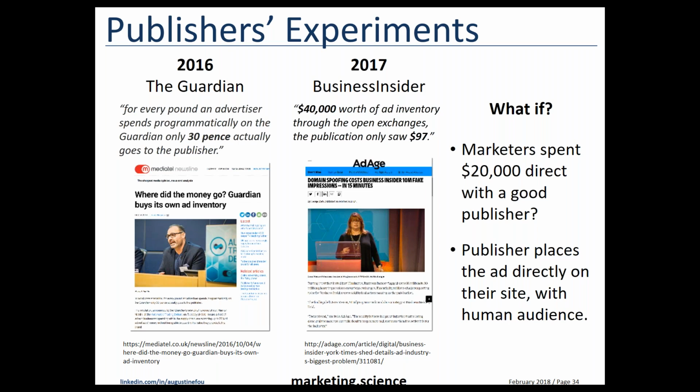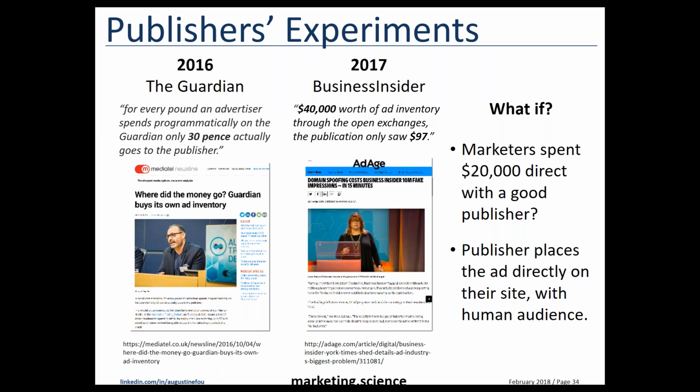They bought BusinessInsider.com on open exchanges, but at the end of everything, they only saw $97 come all the way through to them. So these are experiments other publishers have already run. You can run your own. The bottom line is a lot of the dollars get siphoned away and absorbed by other parties in the supply chain.